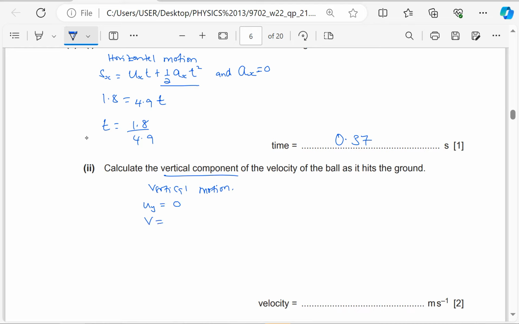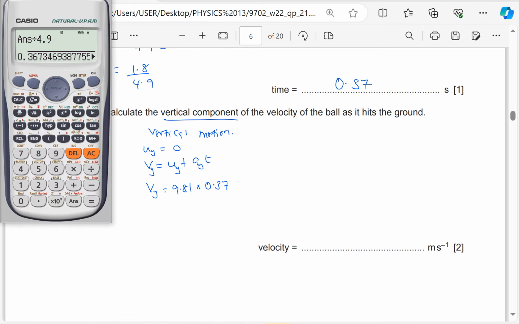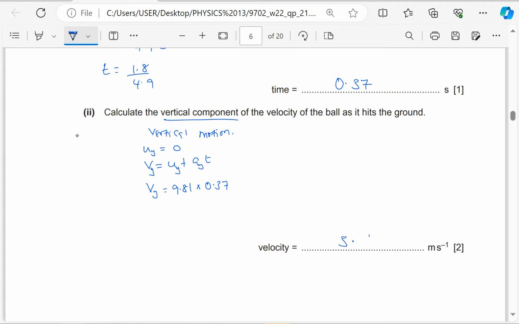So if I use v equals u plus at, the vertical velocity Vy is going to be equal to the acceleration due to gravity, which is 9.81, times the time. Of course, the time is a scalar, so it is 0.37. So 9.81 times 0.37, that is 3.6. So the velocity here is going to be 3.6.